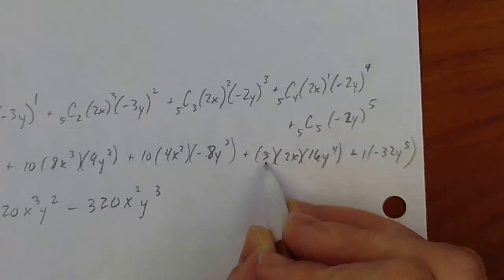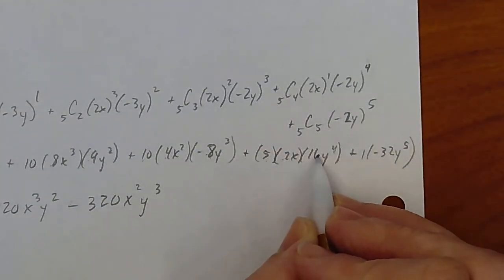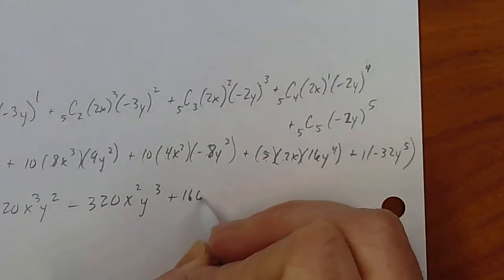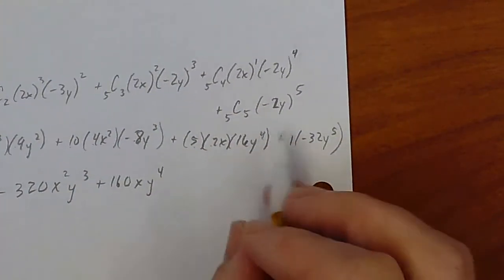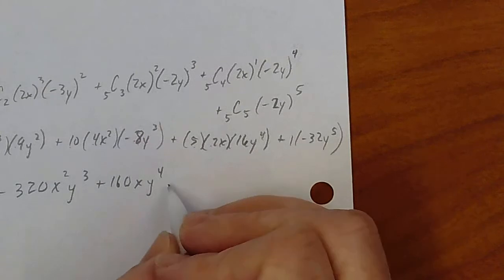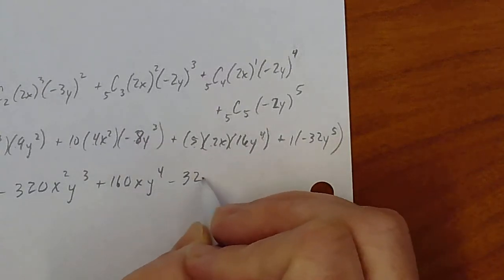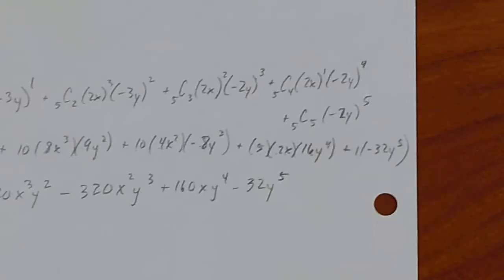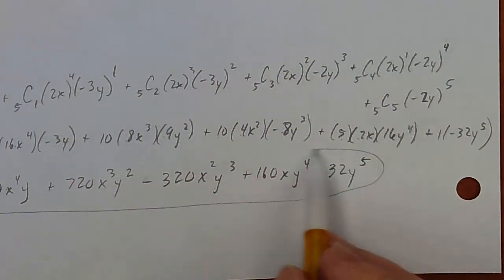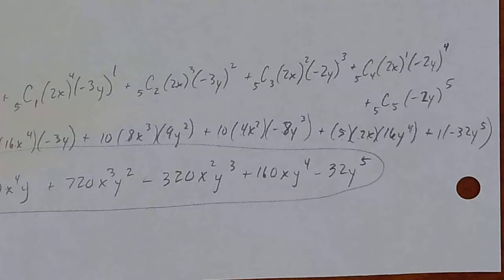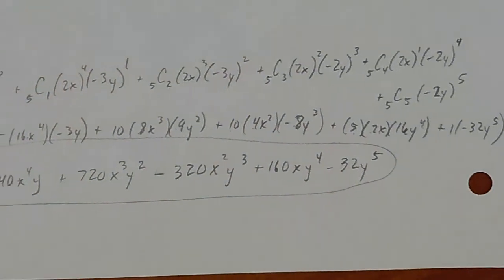Okay, next one, 5 times 2 is 10, times the 16, so plus 160. And the last one is going to be just -32y to the 5th power. Okay, so there's the final answer. A lot of terms. Should be 6 total terms. It's always one more than the degree.